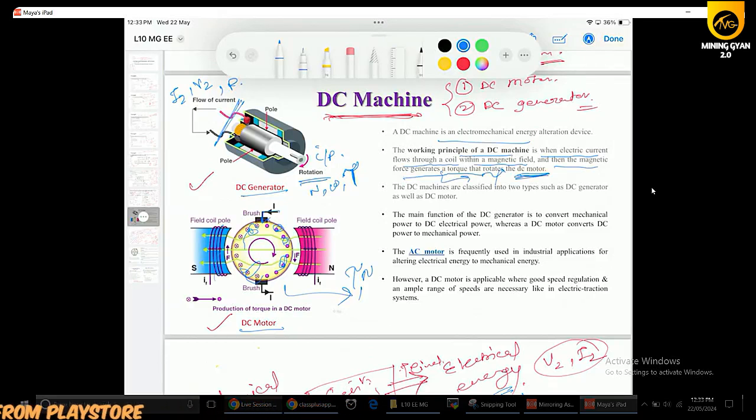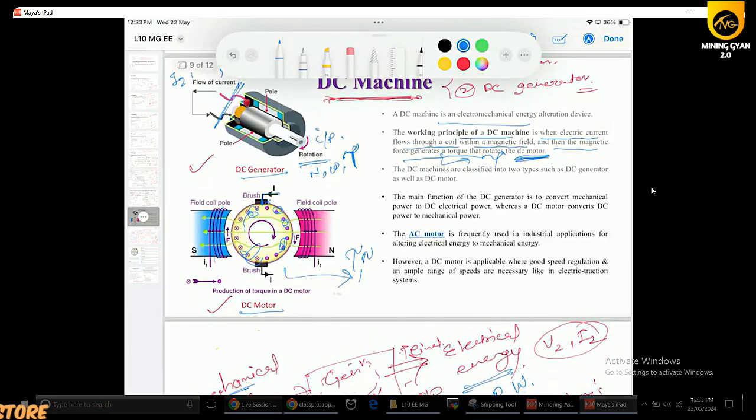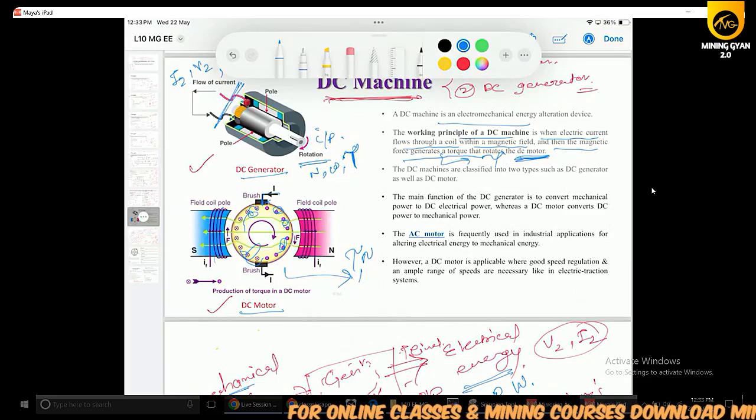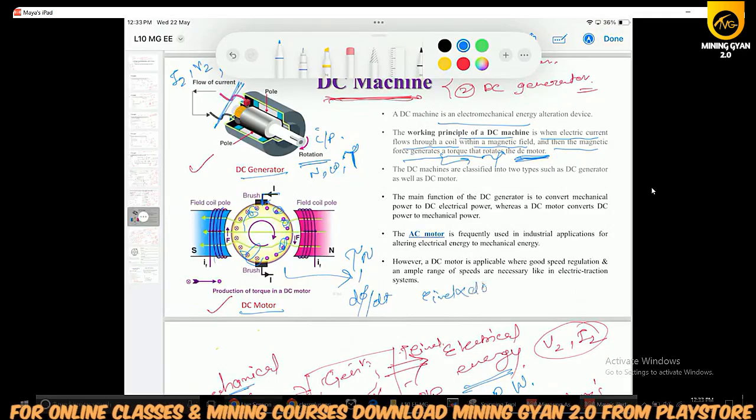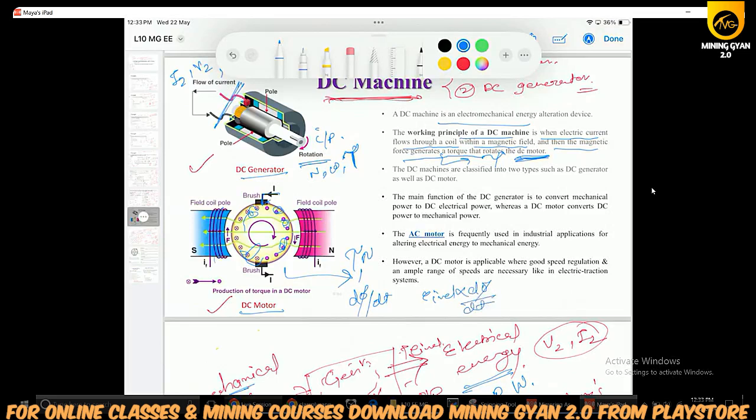In any DC machine, whether a DC generator or a DC motor, there will be rotating parts, such that there will be flux cutting, and you will get d phi by dt, the variation of flux with respect to time, and hence induced EMF will be there. Because of Fleming's left hand or right hand rule, you will get torque and speed as the mechanical form of energy.